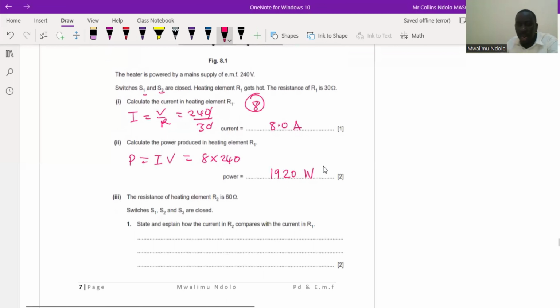And so from Ohm's law, V is IR, for the same potential difference, I is inversely proportional to R, meaning that because R2 has a greater resistance, the current in R2 is less compared to the current in R1.